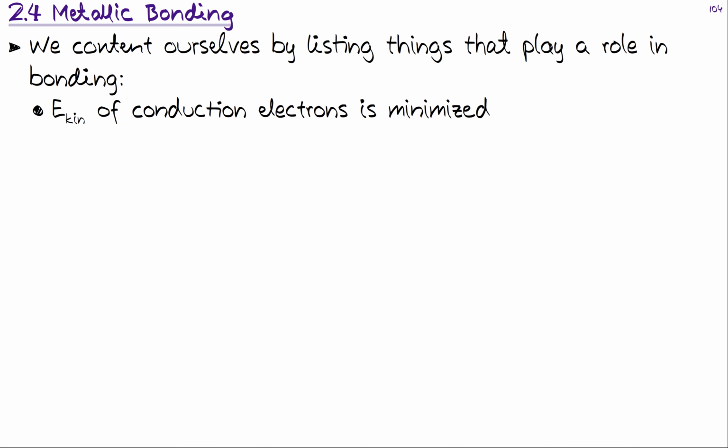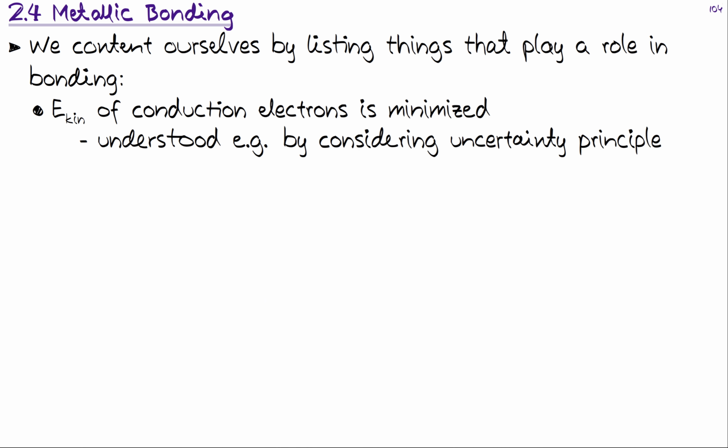The kinetic energy is something that matters, and when we have conduction electrons, the kinetic energy is minimized. This may sound a bit obscure, because the conduction electrons are free and form a freely moving gas of electrons. But it starts making sense when we remember the uncertainty principle for quantum mechanical objects, especially between the position x and momentum p. These are conjugate variables.